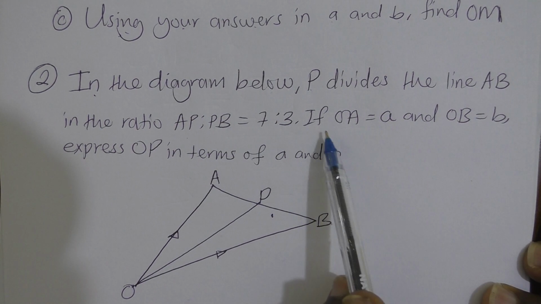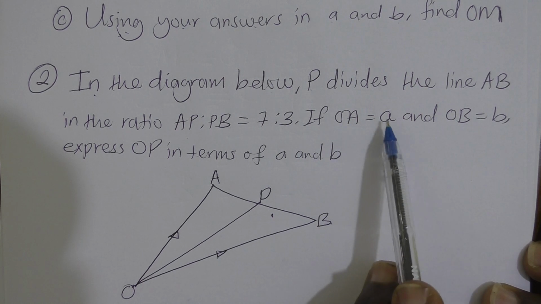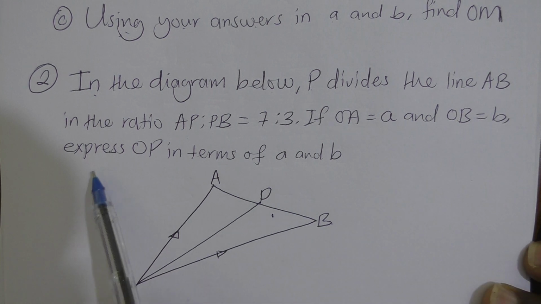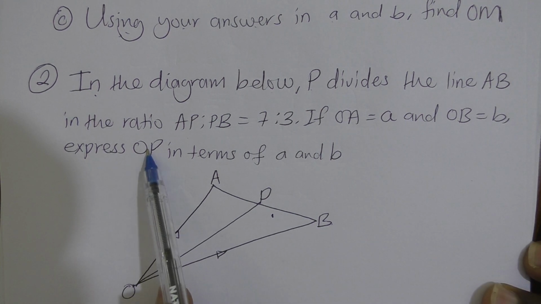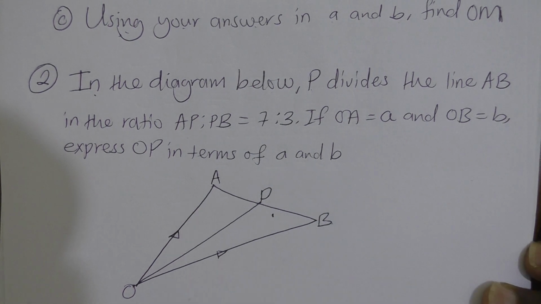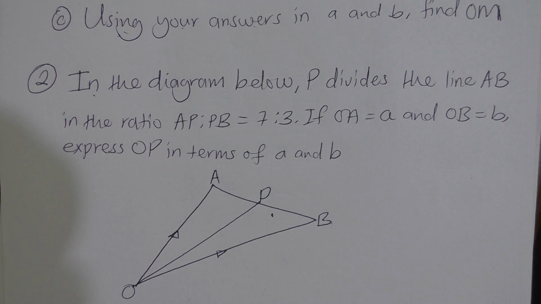And therefore, if OA is A and OB is small b, then they want us to express OP in terms of A and B. So this is how we are to do that.